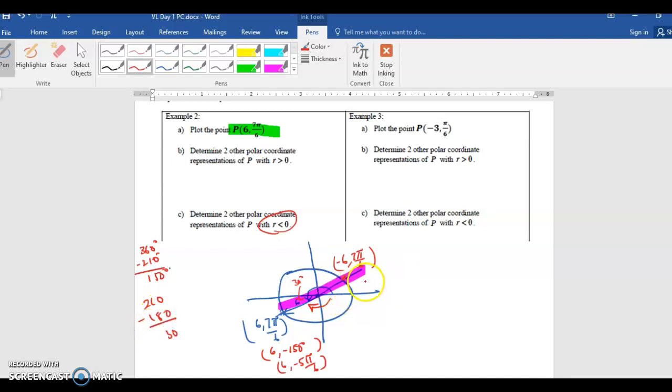So this is another representation, (-6, 30°), which is this way. We went this way to get (-6, 7π/6), and the same thing would be represented as (-6, 30°). Okay, makes sense? So 30 degrees is again π/6. You may want to write it in π radians if the answer wants it that way, because I think Math Excel wants it in radians. So these are the 4 representations of the same point. Okay, that's the deal here.